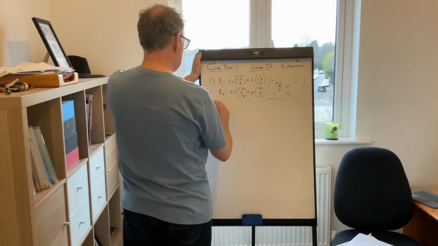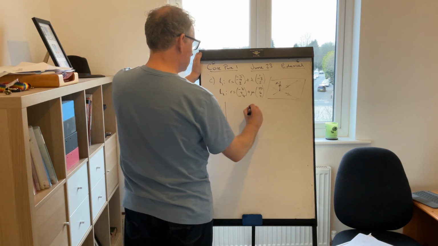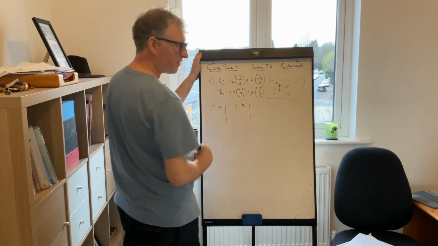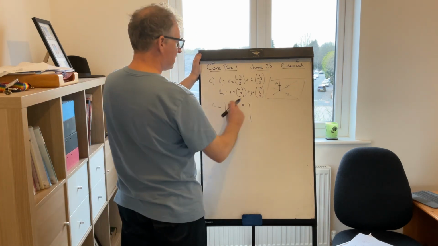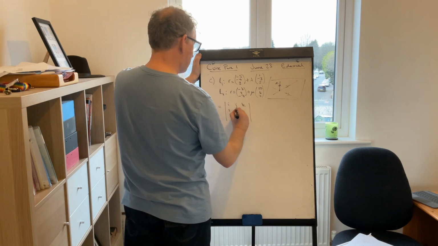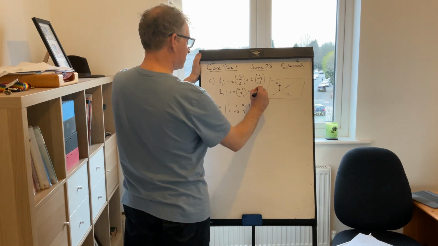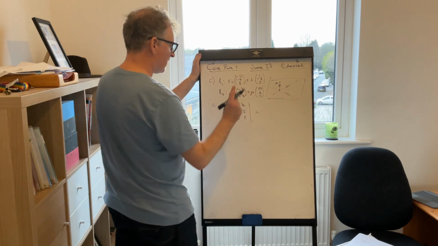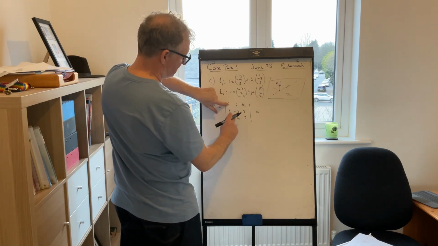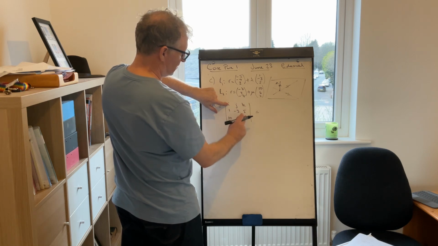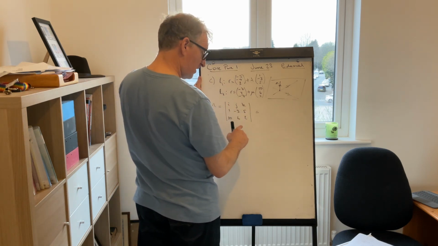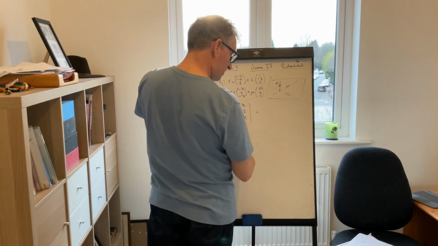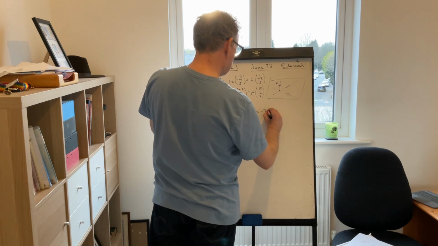So n, our normal vector, we do the determinant of our 3 by 3, i j k, (1, -3, 5) and (10, 6, 2). Remember, you do i times the determinant of this 2 by 2, so that's i times (-6 minus 30), which is -36i.